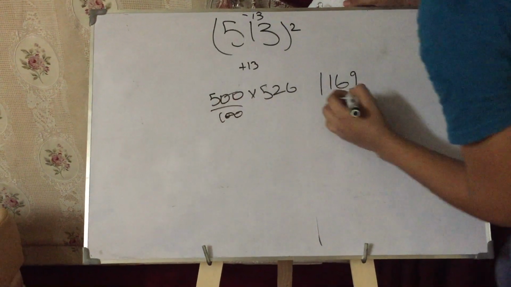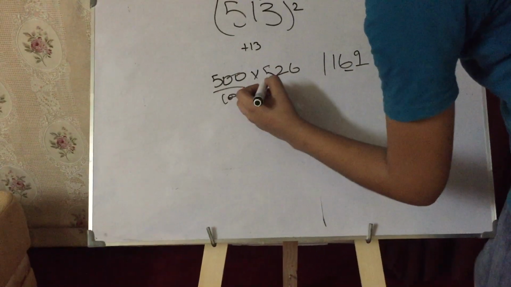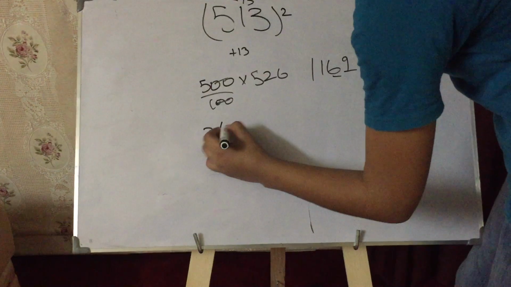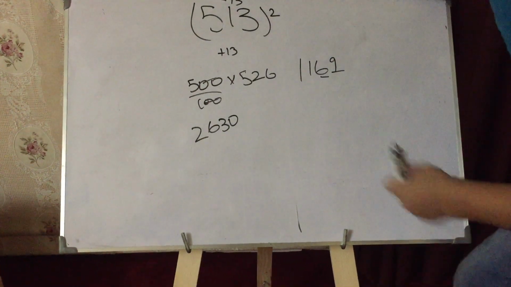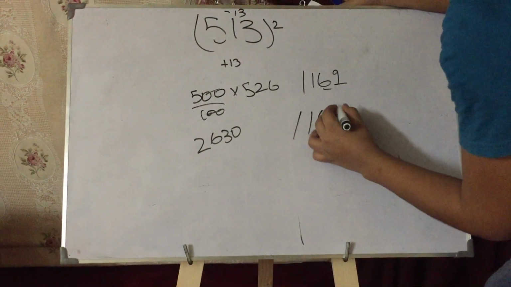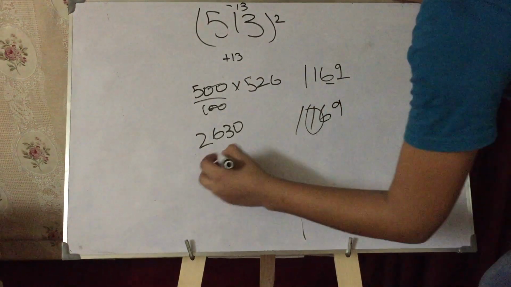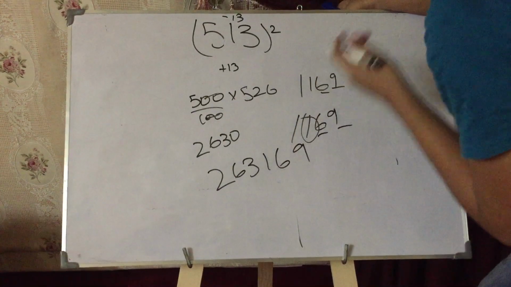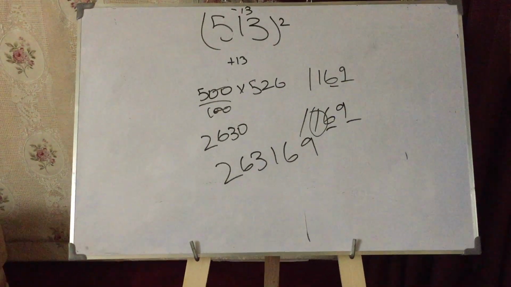Upon 100, these two zeros are cut, and these two digits come on behalf of this. The 5 times 526 was the answer here, 2630, and this 169. So the one would come on behalf of this, 2631. This number stays the same, 69. So the answer is right. Yes, of course it's right.